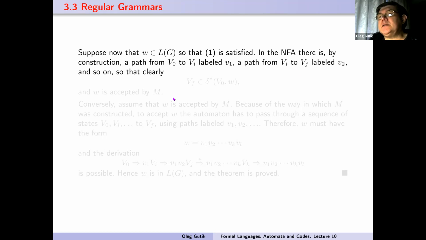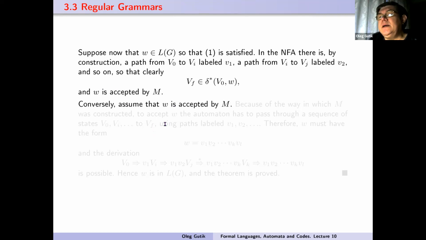So that really V_F belongs to delta star of V_0, w. And the word w is accepted by automaton M.